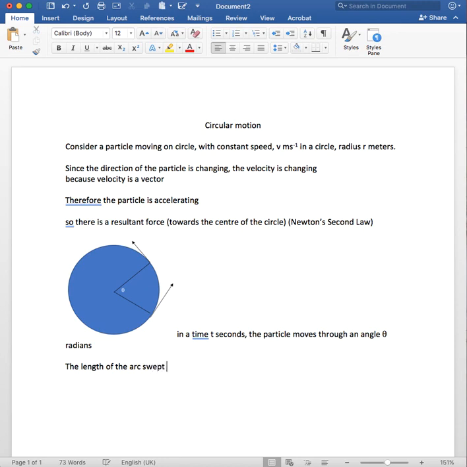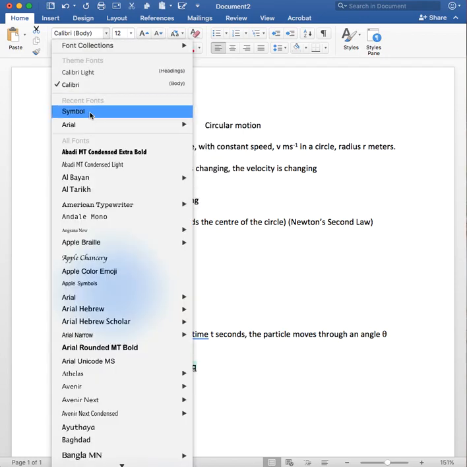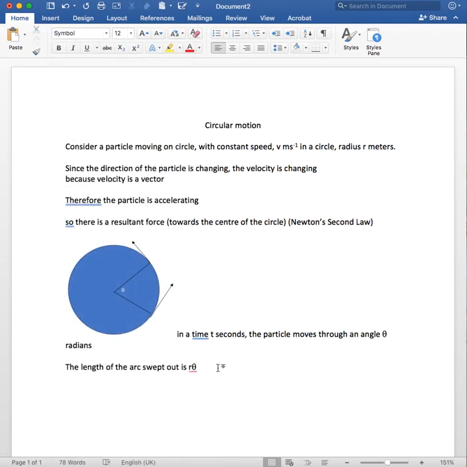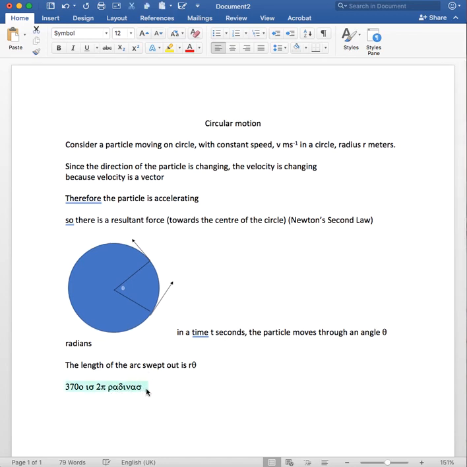The length of the arc swept out here is r theta, if theta is in radians. Just in case you're unfamiliar with this, 360 degrees is 2 pi radians. Oh, hang on, let's change that.